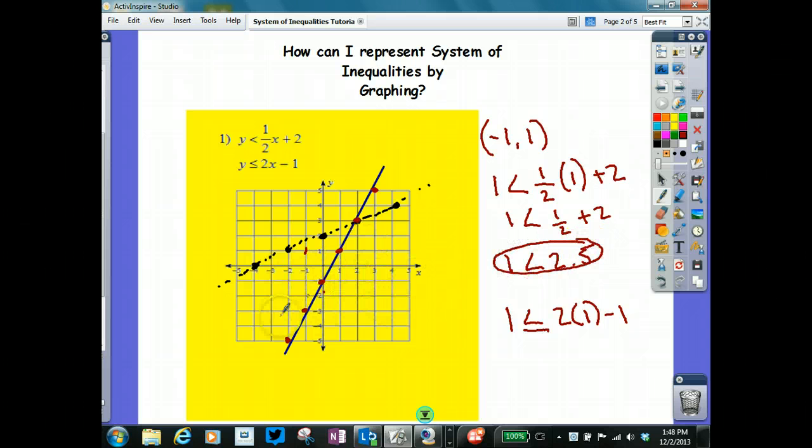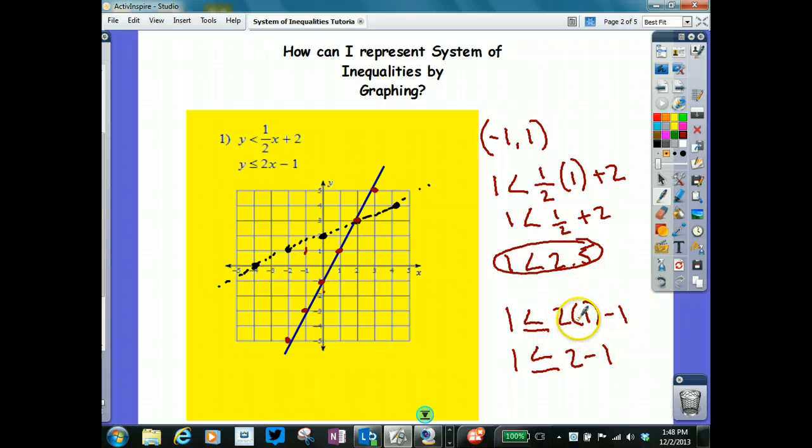But does that mean I shade this in? Not yet. Let's check if this other one works. Actually, I found a mistake I made in the first one.